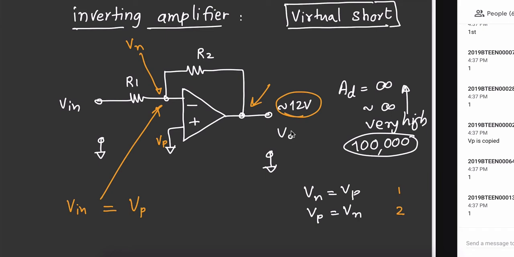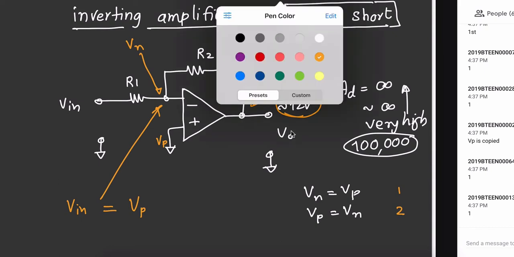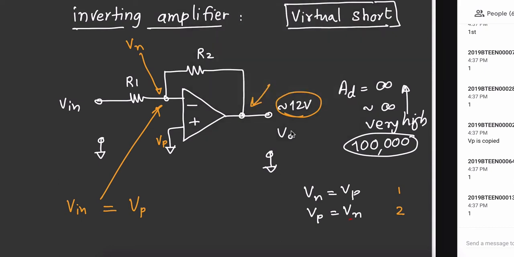So from this, the wrong equation, I will rub out this. Only the correct equation will be kept. Everybody understood this much? Okay, great.